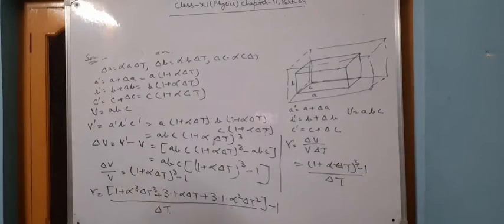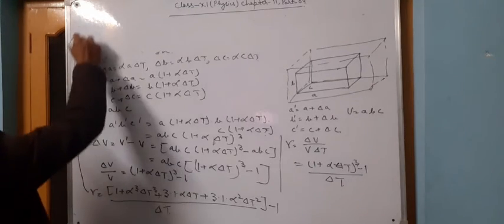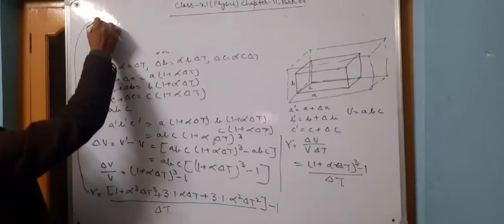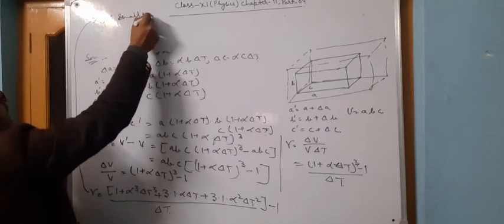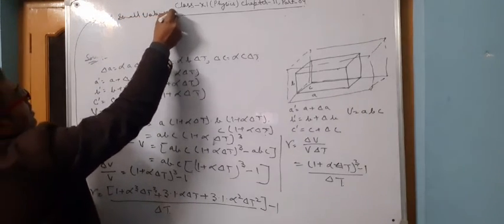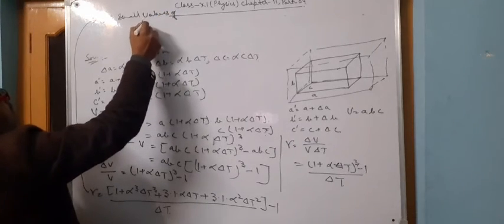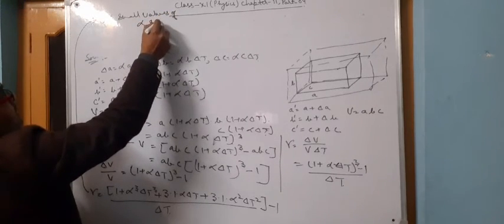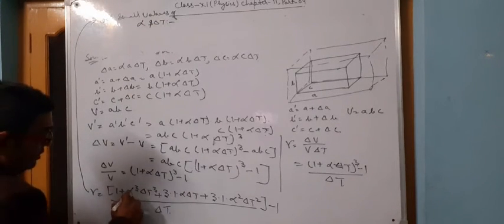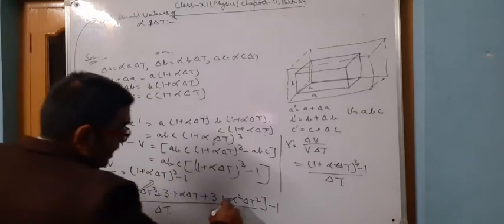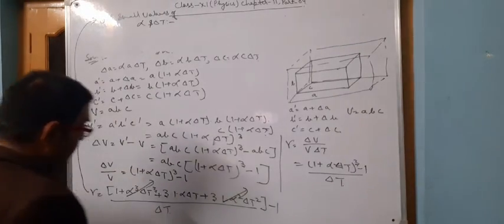Look at here students. I am writing from here. For small values of alpha and delta T, higher powers will be neglected, so this term will be neglected and this term will be neglected.